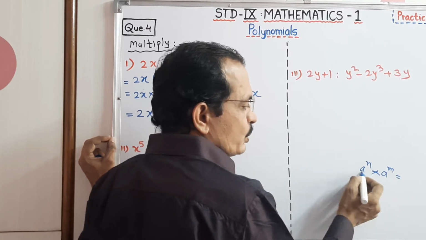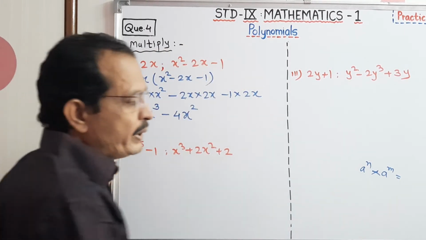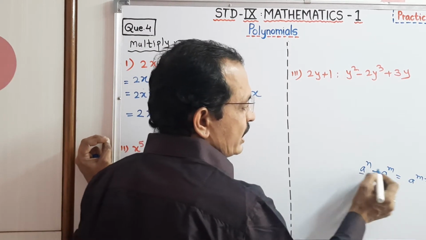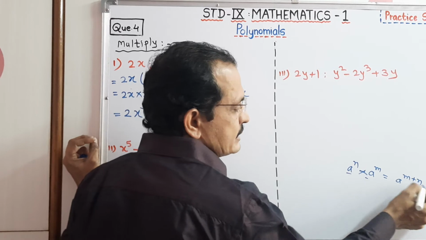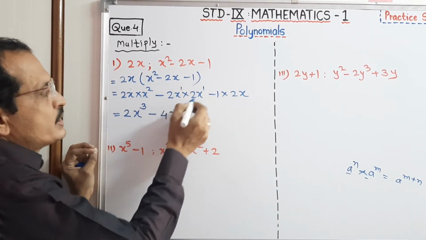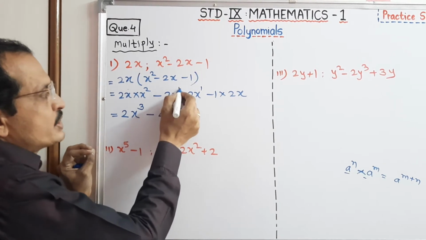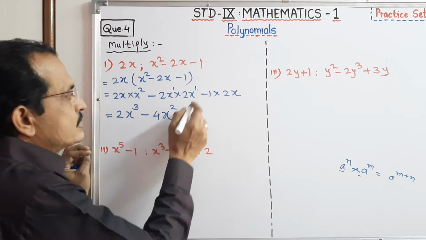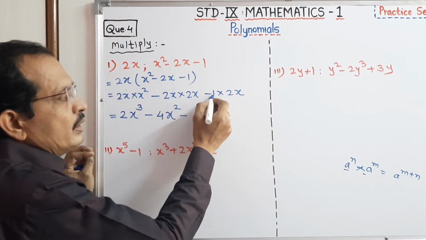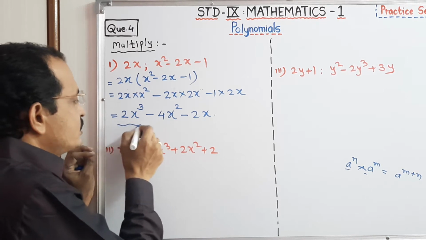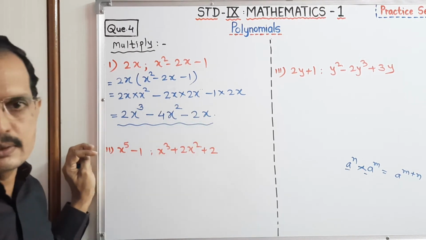That means if we have to do the multiplication and bases are same, then we have to do the addition of indices, that is m plus n. Same thing is there: 2x raised to 1, 2x raised to 1, 2 2s are 4, x raised to 1 into x raised to 1, that is x raised to 2. Minus, we have to multiply with 1, then it will be minus 2x. Minus 2x, this is the final answer.